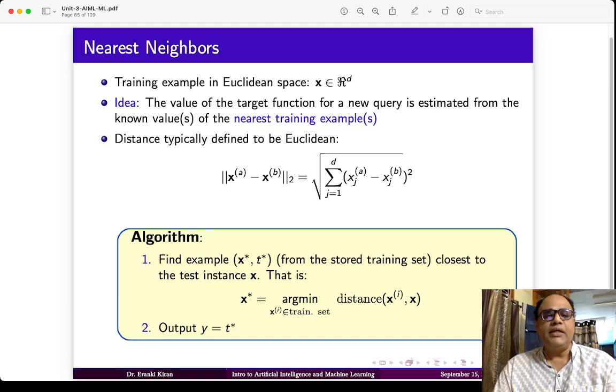So x star is arg min of distance. We are trying to identify the minimal distance, so the points are very close to the target point that we are looking at. We always look for arg min, not arg max, because the smaller the distance, the more we can consider the data point as the nearest neighbor. And then we output that as y.